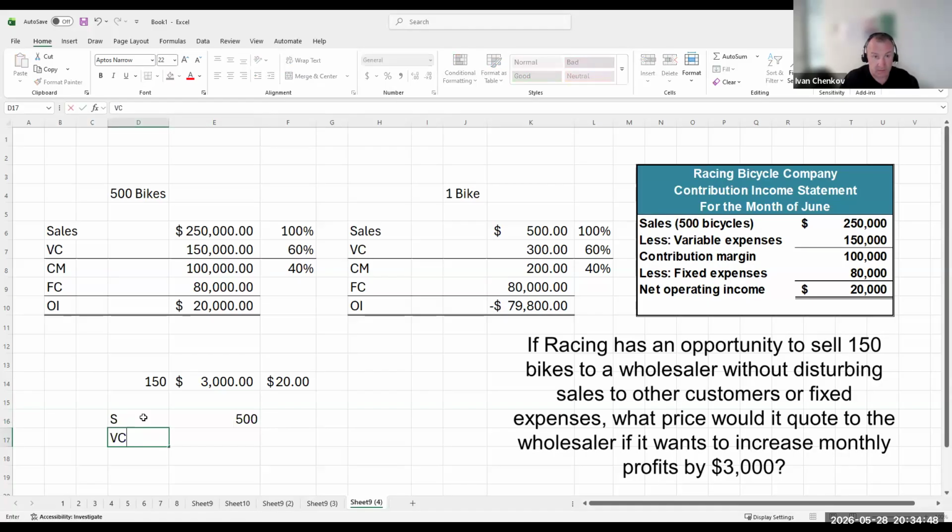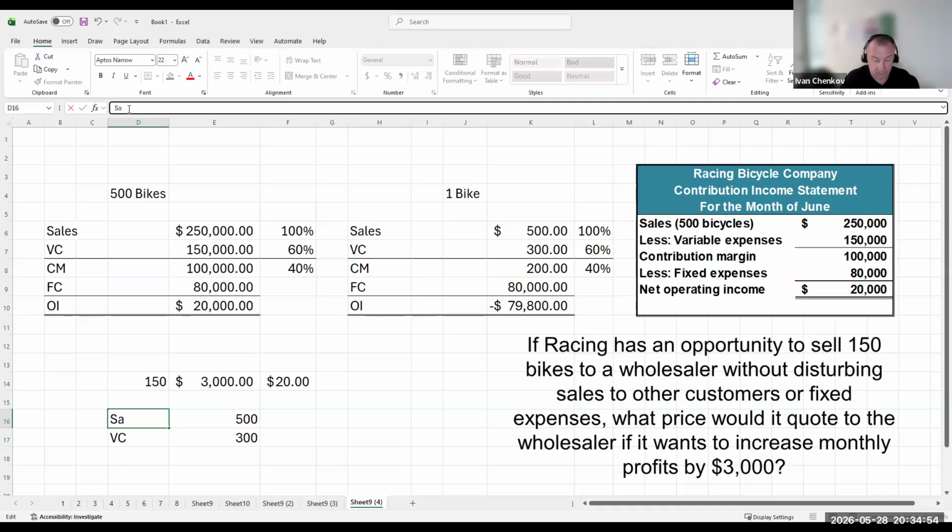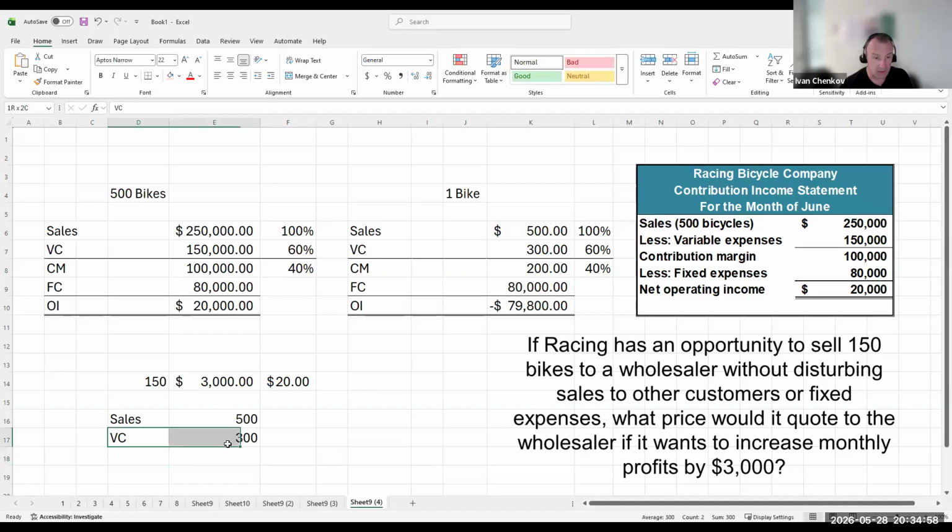My variable cost is 300. And currently, my contribution margin, as we can see, is $200. But I don't want that. I want to make only $20. I want my contribution margin to be only $20.